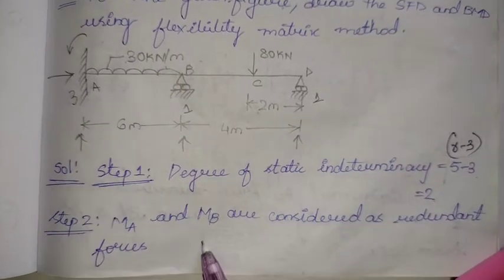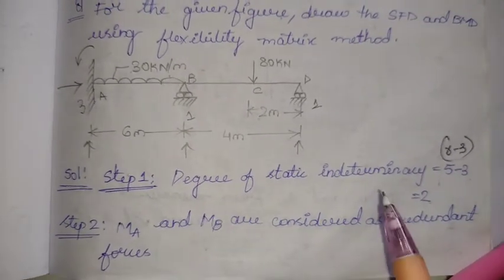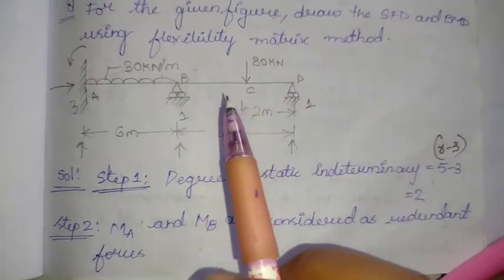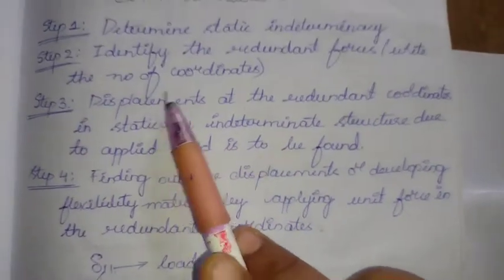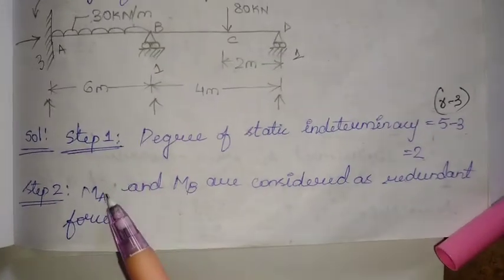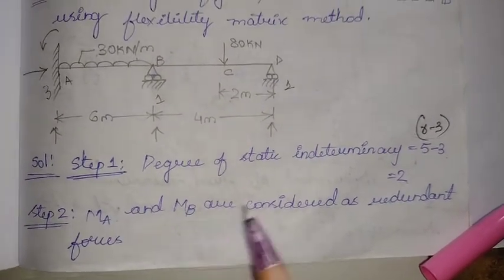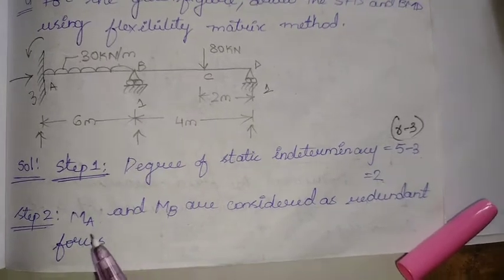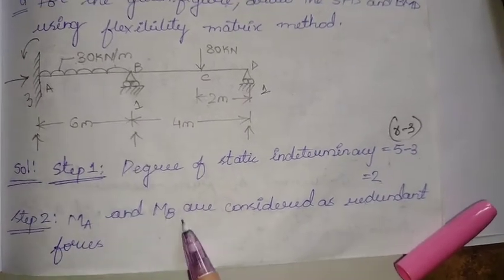Next, we will assume 2 redundant forces. The second step is identifying the redundant forces. So we are taking the moment at A and the moment at B as redundant forces, that is MA and MB.